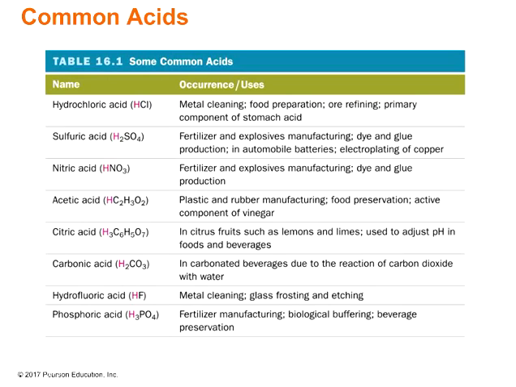And then phosphoric acid is used in the manufacturing of fertilizer. It's also found as what's called a buffer. So we'll talk about buffers later on. But I would like you to know the names of all of these acids.